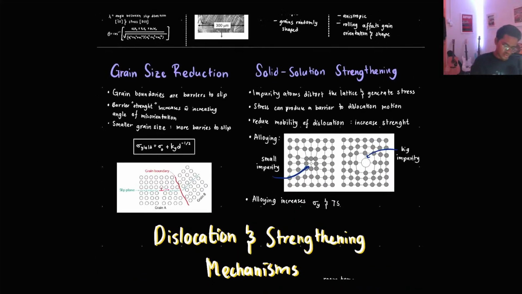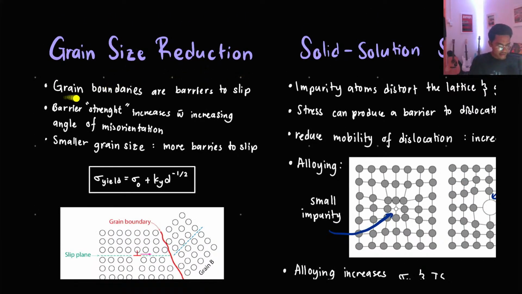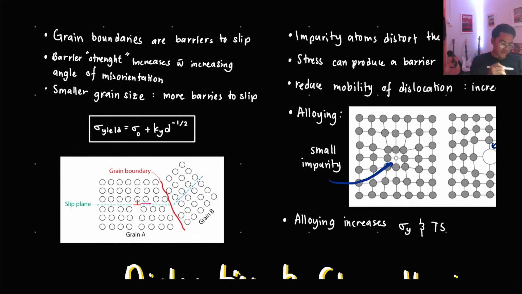Okay, so what is grain size reduction? Grain boundaries are barriers to slip. The barrier strength increases with increasing angle of misorientation. So if you have more grains, there will be many more grain boundaries colliding with each other.